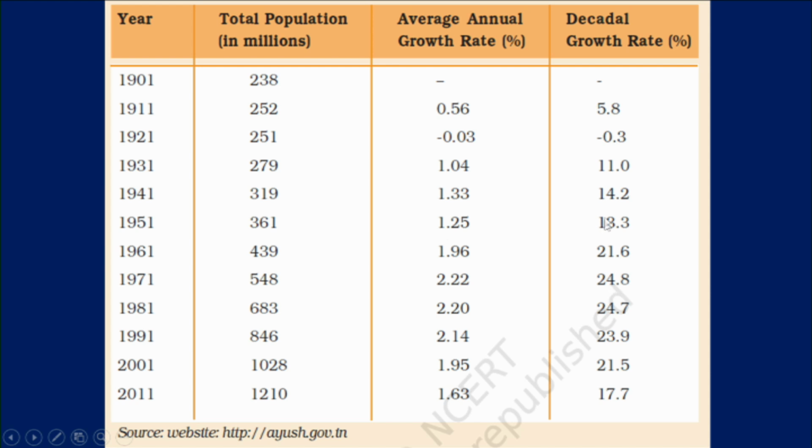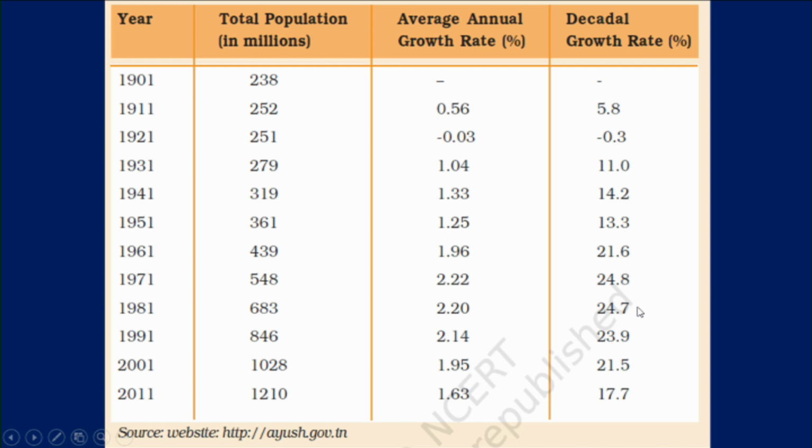When you analyze the decadal growth rate, you can observe that it keeps increasing after 1931. You can see 11 percent, then 14.2 percent, then 13.3 percent, then 21.6 percent, then 24.8 percent. So up to 1971 it increased.